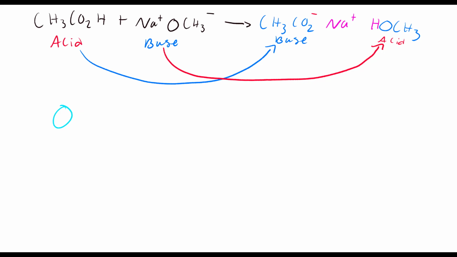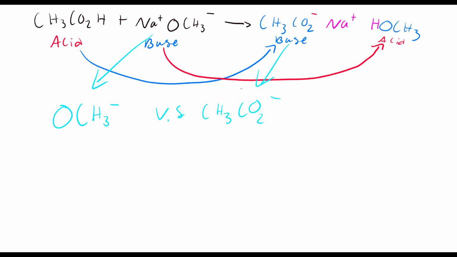You don't care about sodium. You just kind of ignore it when you're doing this. So OCH3 negative versus CH3CO2 negative. Okay. So I just got my bases and I put them over here. I didn't pick my acids.